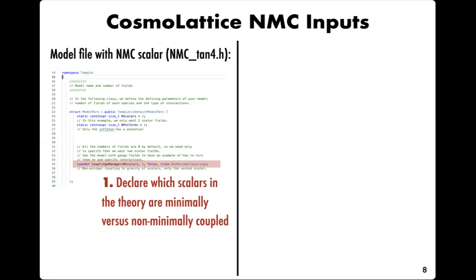In this particular model, I have only two scalars: an inflaton and this spectator field phi. My inflaton I've chosen not to be non-minimally coupled, so that's false. The second is true, and that corresponds to the phi field, the one I do want to be non-minimally coupled. Then the rest of the model file proceeds like normal.